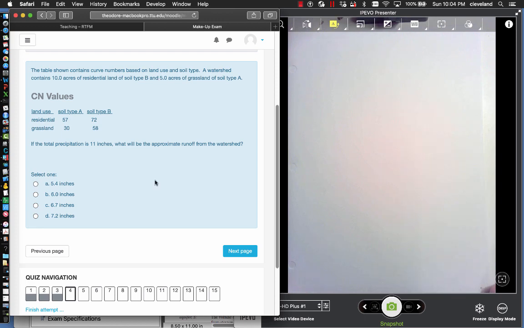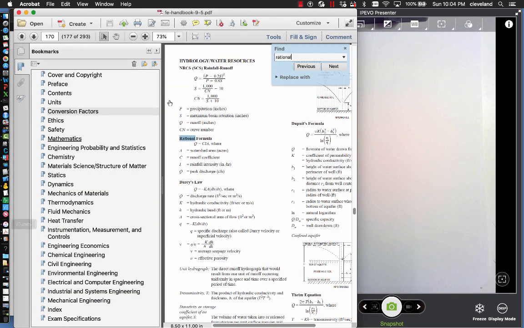So here, let's look up curve number. I happen to know we're on the correct page, but there we go. So here's our formulas.